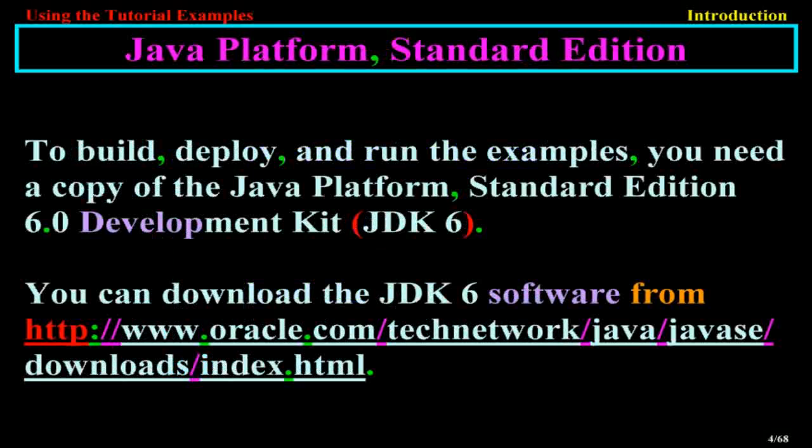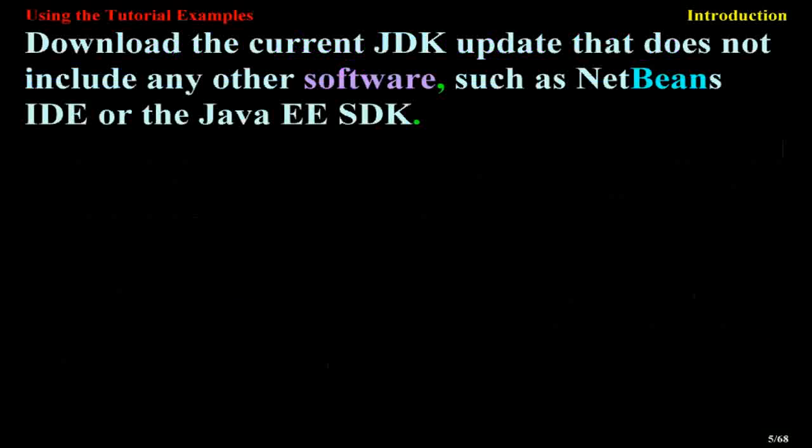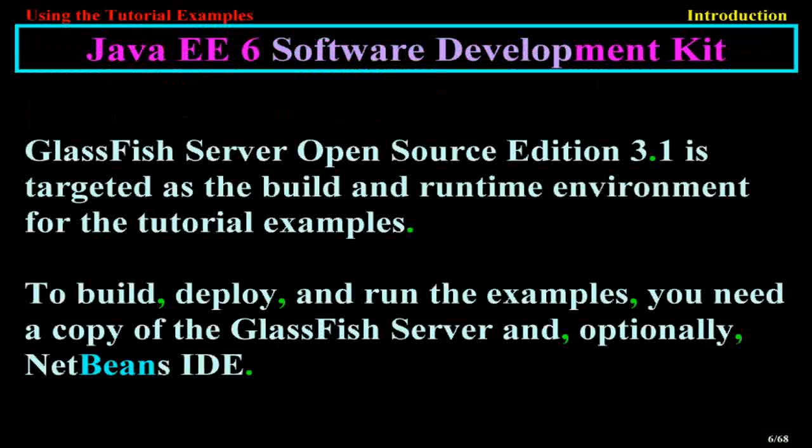You can download the JDK 6 software from http://Oracle.com/technetwork/java/javase/downloads/index.html. Download the current JDK update that does not include any other software, such as NetBeans IDE or the Java EE SDK.